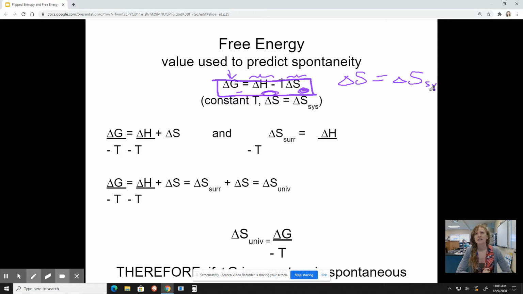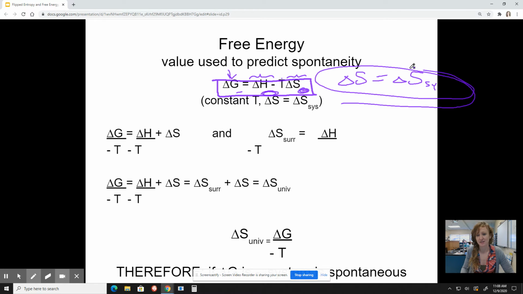Well, delta S of the universe is extremely hard to actually measure or calculate because it's of the universe. And so delta S of the system becomes much more practical for us moving forward.